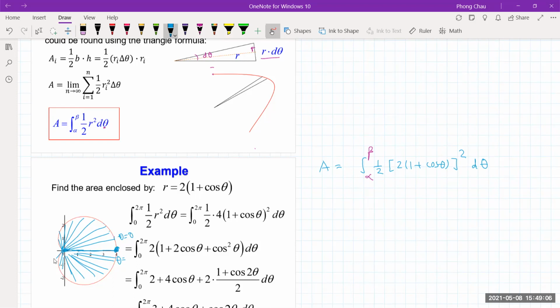Then when you come back, normally when you go one complete revolution, it would likely be 2 pi, but it doesn't have to be. It really depends on what the graph looks like. So perhaps the best way to do it is algebraically, of course. Now, look at this.